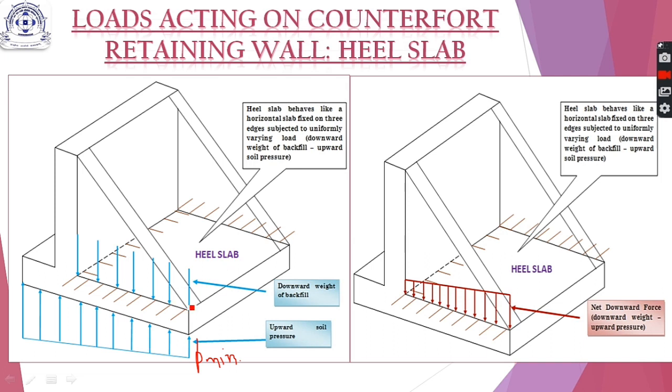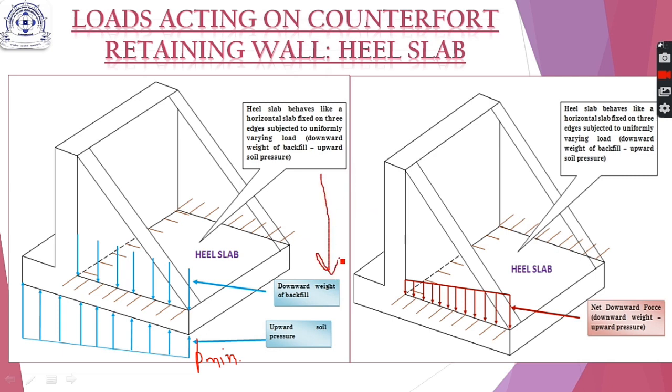Now when we have to calculate the resultant force, as this is downward and this is upward, we know that the downward weight force will always dominate the upward force because its value will be more due to the large height.